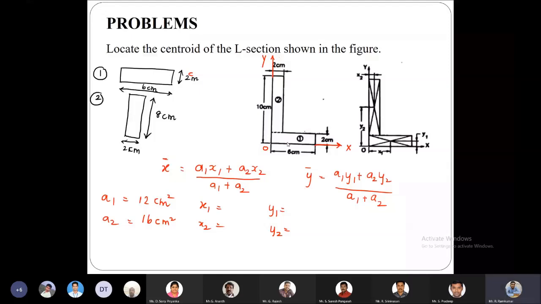Then we have a sphere. For the sphere we need to find the value of y2, which is going to be d by 2, but we need to find the value from the respective axis. Here we can see the different axes passing along the bottom of this object, that is the O x-axis and the O y-axis along the vertical side.